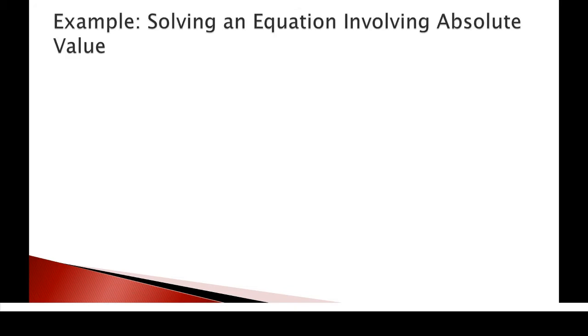Let's consider an example. Here the equation is absolute value of 2x minus 1 is equal to 5. So we can rewrite this as 2x minus 1 is equal to 5 or 2x minus 1 is equal to negative 5.